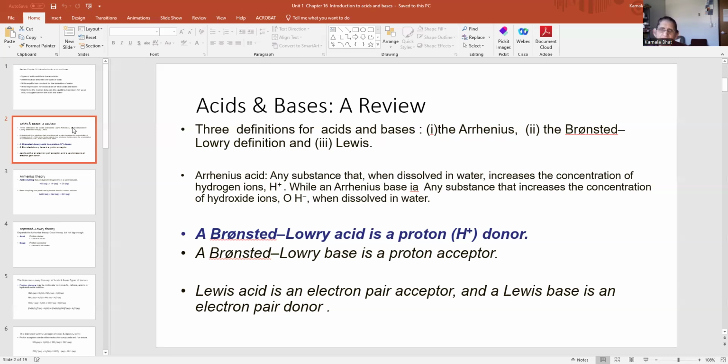And the last definition, which encompasses both the Lowry-Bronsted acid definition and the Arrhenius definition, is the Lewis acid definition put forward by G.N. Lewis. And G.N. Lewis describes an acid as an electron pair acceptor and a Lewis base as an electron pair donor.